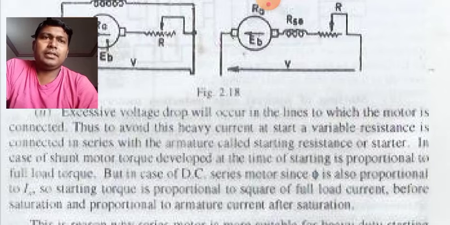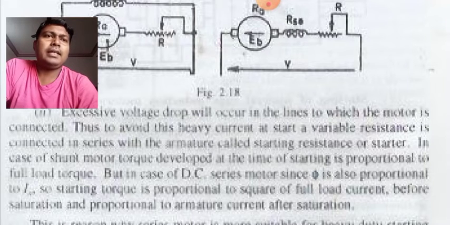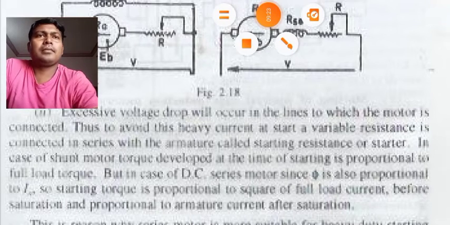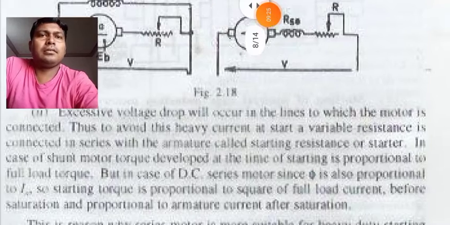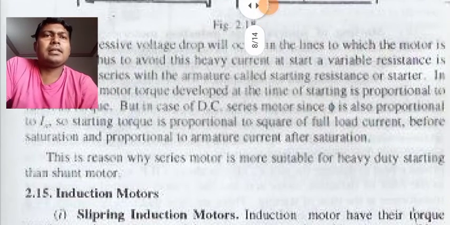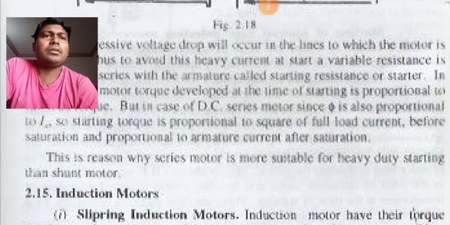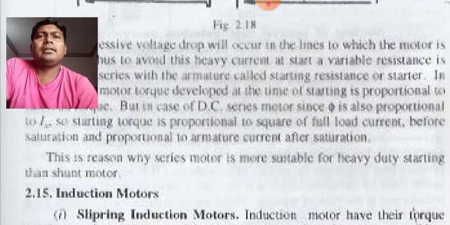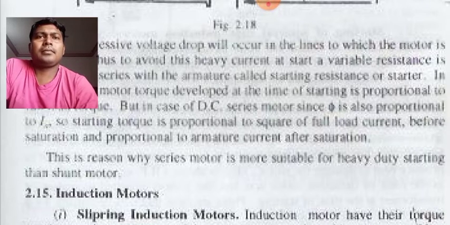But in a DC series motor, since phi is also proportional to I, the starting torque is proportional to the square of the full load current before saturation, and proportional to the armature current after saturation. This is the reason why a series motor is more suitable for heavy duty starting than a shunt motor.